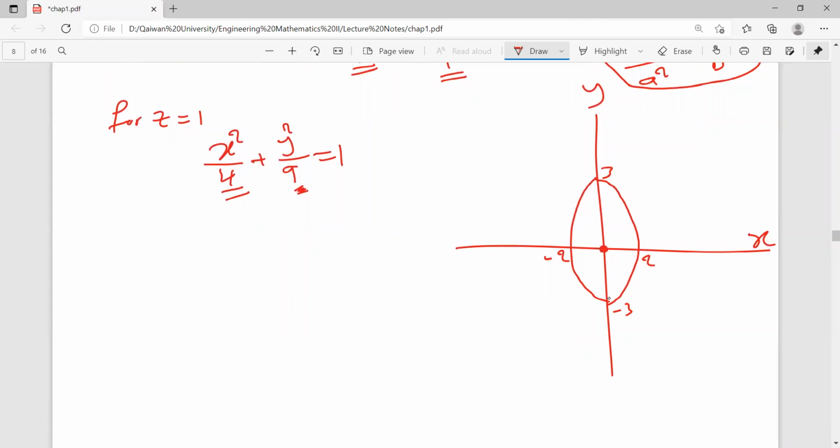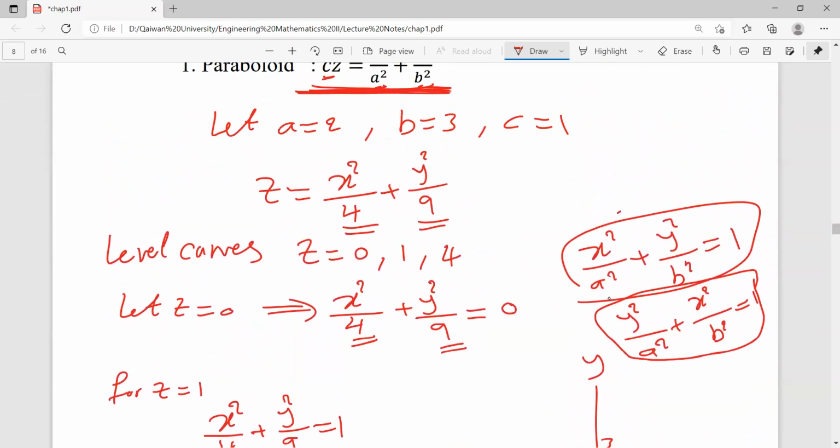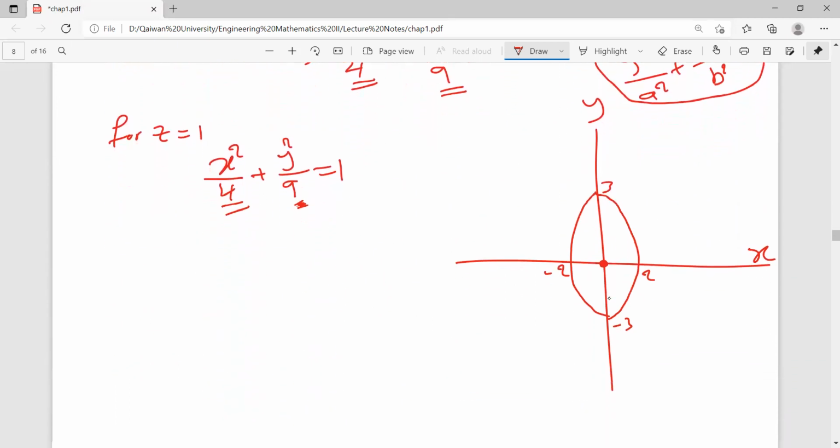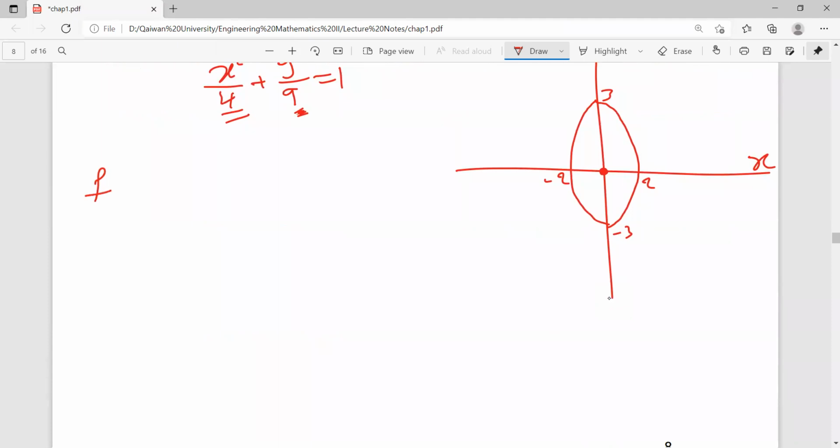It's just choosing. You can pick any number. For z equal to 4, we say x squared over 4 plus y squared over 9 equals 4. What should we do?